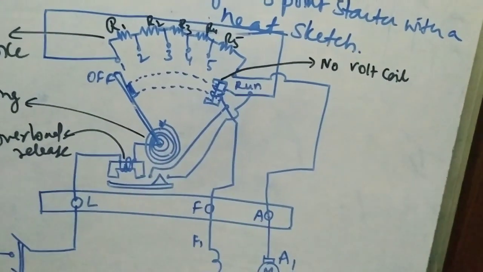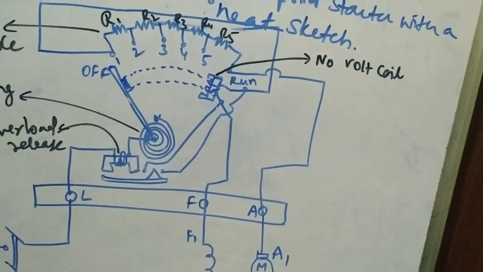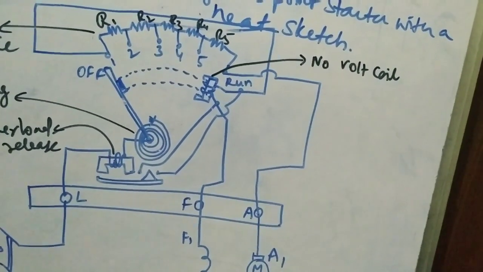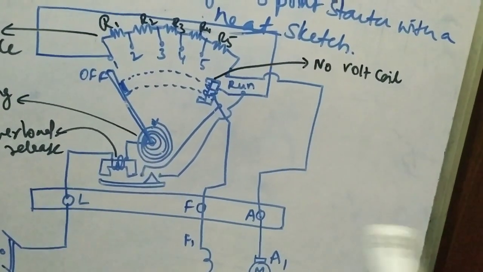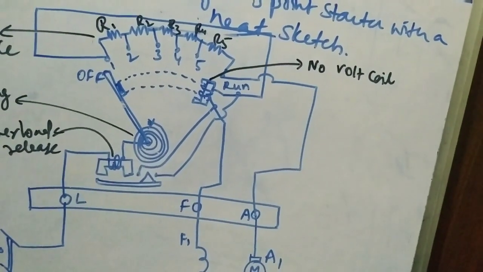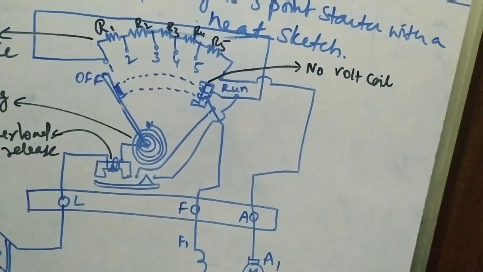So you can see that the entire starting resistance comes in series with the armature, and the armature current, which is high at start, gets limited. As the handle is moved further, it goes on making contact with studs 2, 3, 4, etc., cutting out the starting resistance gradually from the armature circuit.